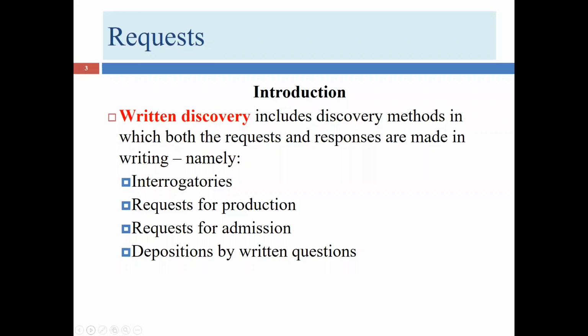But it is possible to do a deposition via written questions, and in that situation, the deposition doesn't happen in real time. The questions are submitted by the person who is noticing the deposition, and then the deponent answers those questions, typically at some later time.